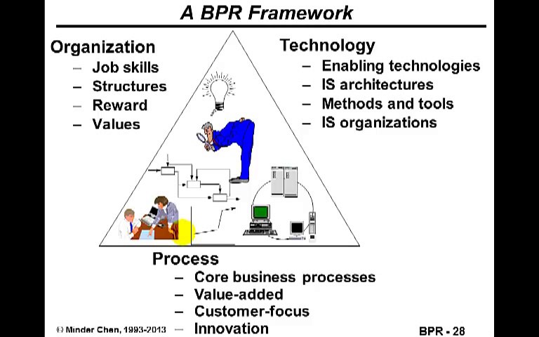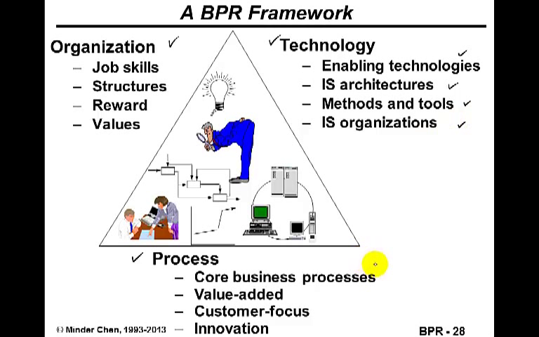Here's a framework for business process engineering. It's not just about process or technology. It's also about looking at the structures and the job skills of the people within an organization. On the technology side, we need to look at the enabling technology, the overall IT architecture, the methods and tools we may use, and the structure and organization of the IS department.